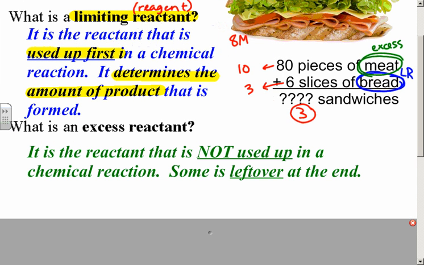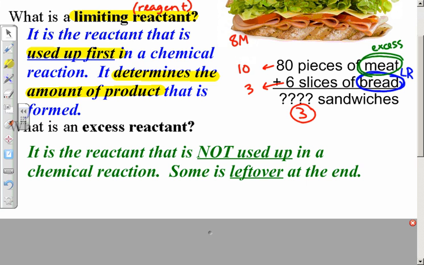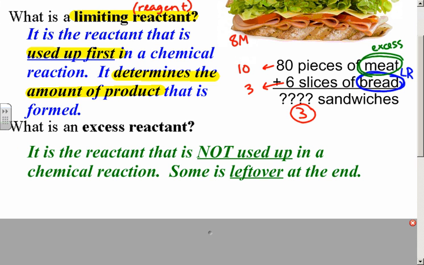An excess reactant is the opposite of the limiting reactant. The limiting reactant is the one that gets used up. An excess reactant is the reactant that does not get used up in a chemical reaction. In other words, some of it is going to be left over at the end. In this example, this would be the meat. Because the meat is left after we've already made our 3 sandwiches, we have some meat left over.